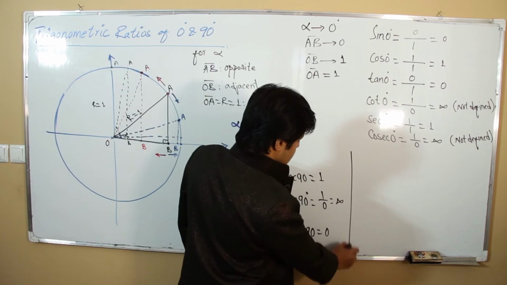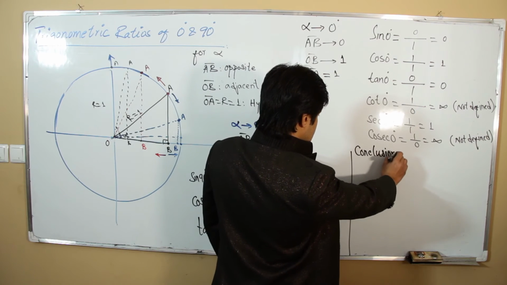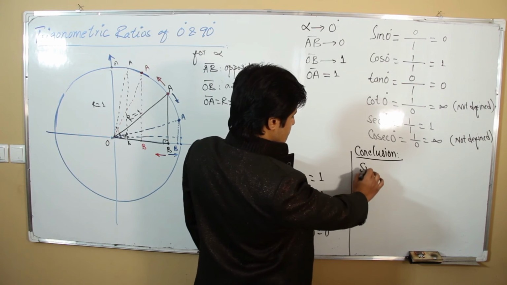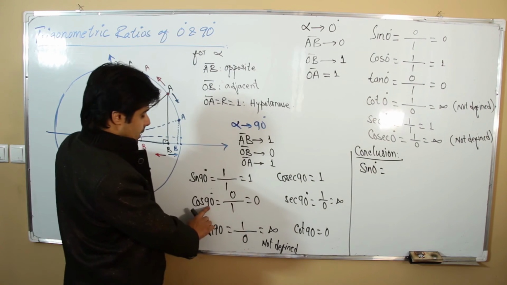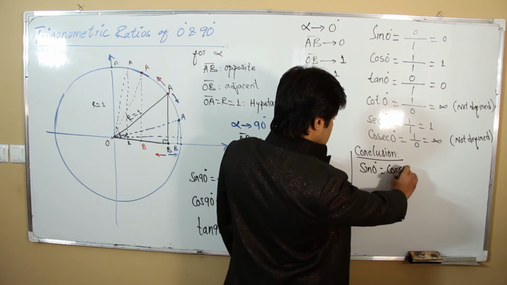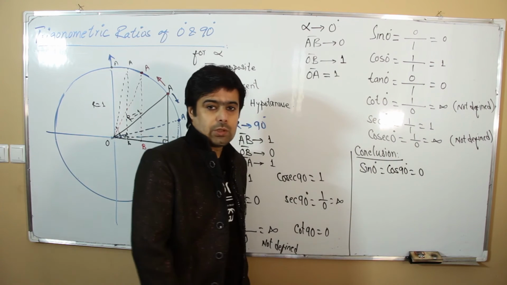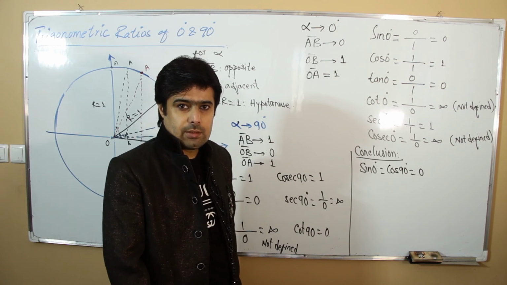In conclusion, we can say that sine of 0, which is 0, and cosine of 90, which is also 0, are the same, like 30 and 60.